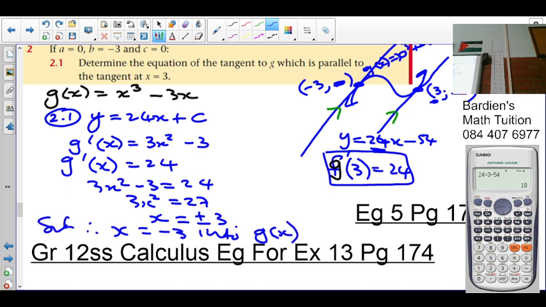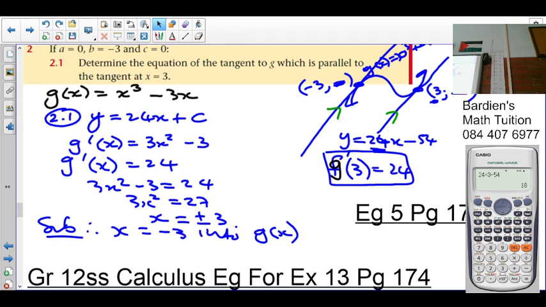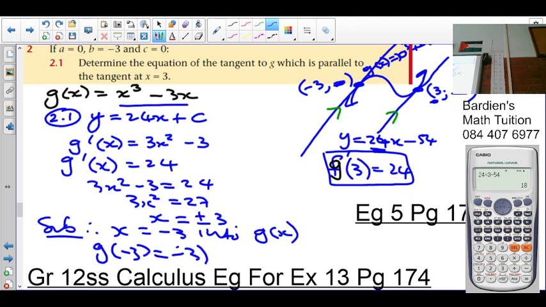So g of negative 3 is equal to negative 3 cubed, which is negative 27, minus 3 times negative 3, which is 9, which is an answer of negative 18.